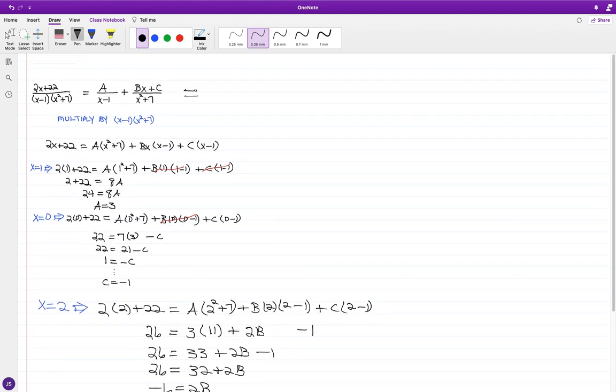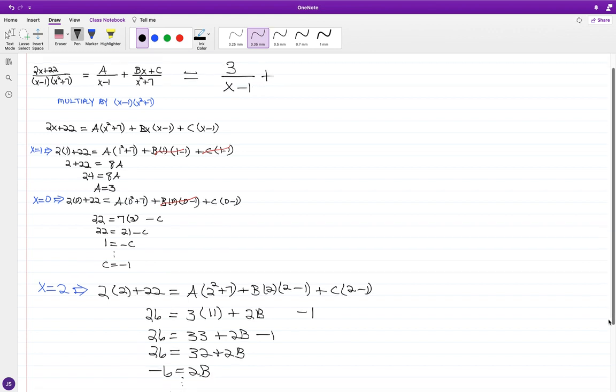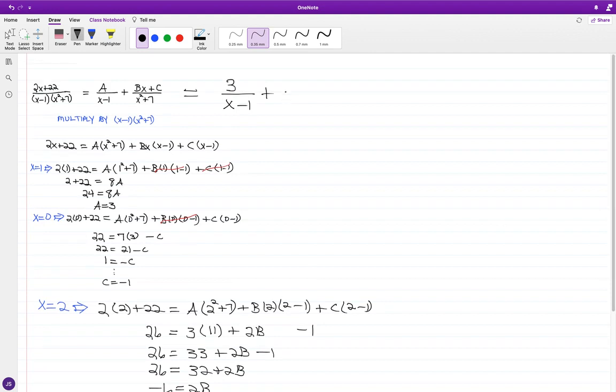So for the expression that results, we're going to have 3 over x minus 1, and we can say we have plus, and b would be at negative 3, so you have negative 3x. C at negative 1, so you have plus negative 3x minus 1 over x squared plus 7.